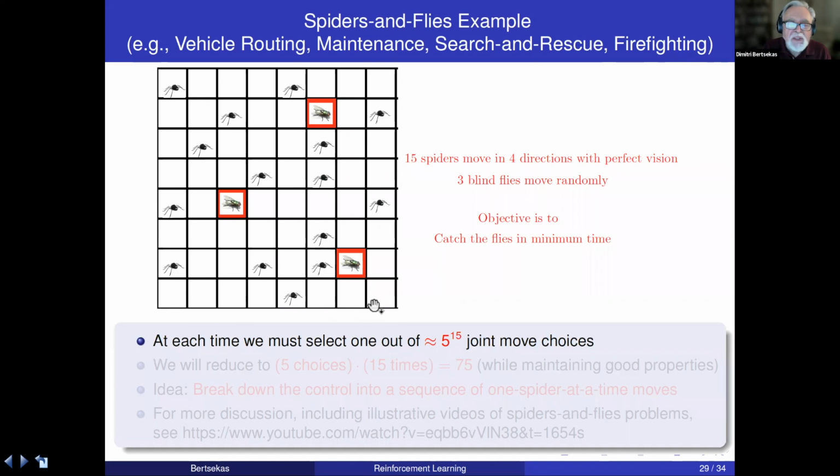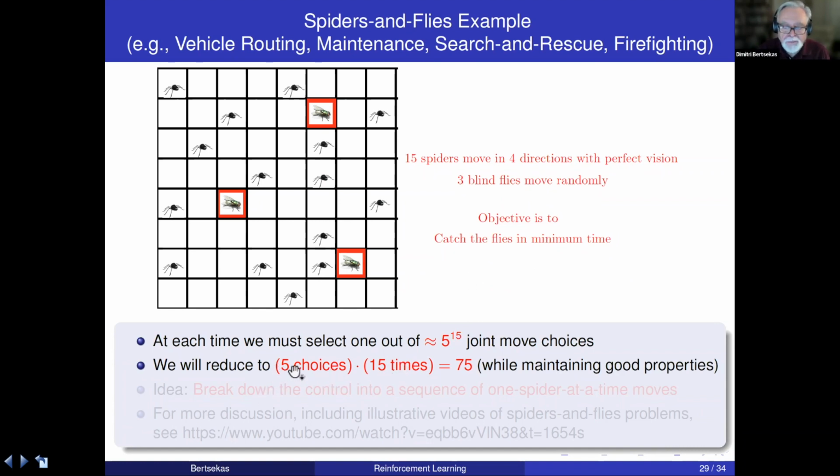The reason is that at every time step, the control is the collection of joint moves of the spiders. Each one has 5 options, and there are 15 of them. So the number of possible joint moves is 5 to the 15. It's astronomical.